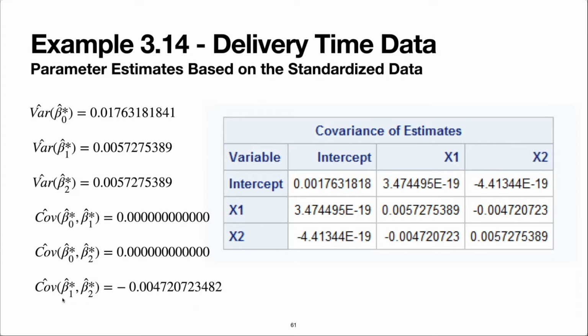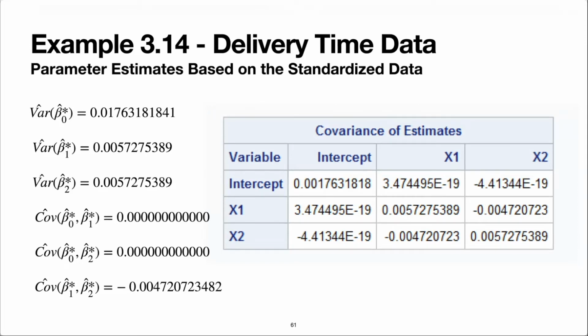And then finally, the estimated covariance of beta 1 star hat and beta 2 star hat, we calculated that by hand, and that is given by this quantity here.